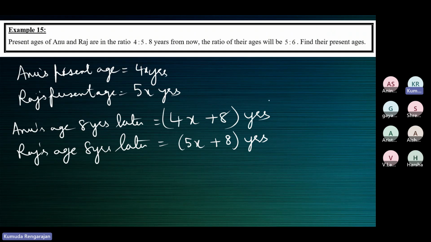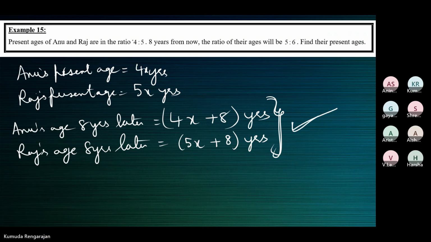8 years from now. So they are talking about these ages. The ratio of their ages will be 5:6. Where 5 is smaller than 6, meaning 5 parts is less than 6 parts. Anu is younger than Raj, as you can see from the parts here, 4 parts, 5 parts.